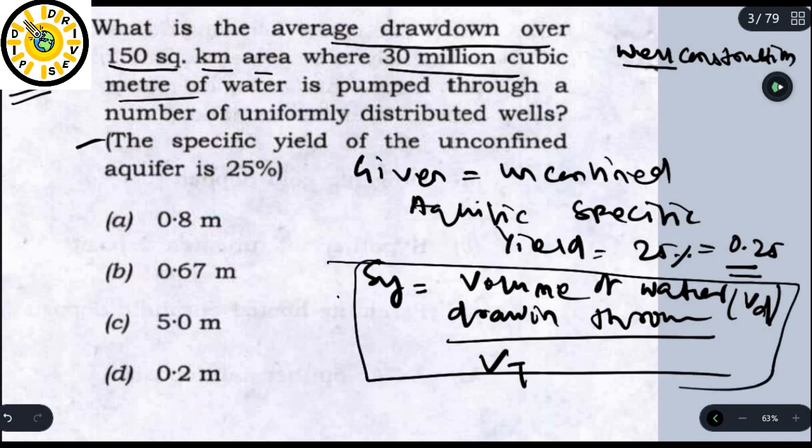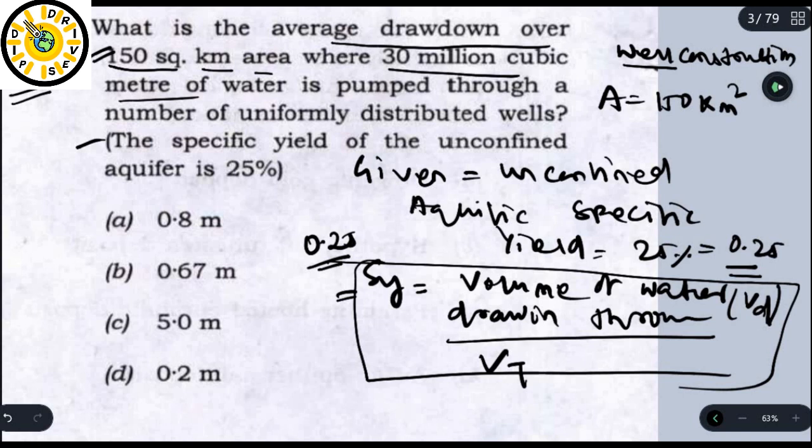So here the given value is 25% or 0.25. ठीक है. और क्या दिया हुआ है? Average drawdown over 150 square kilometer. ठीक है. So area is given, 150 kilometer square. ठीक है. And 30 million cubic meter of water is pumped through a number of uniformly distributed wells.